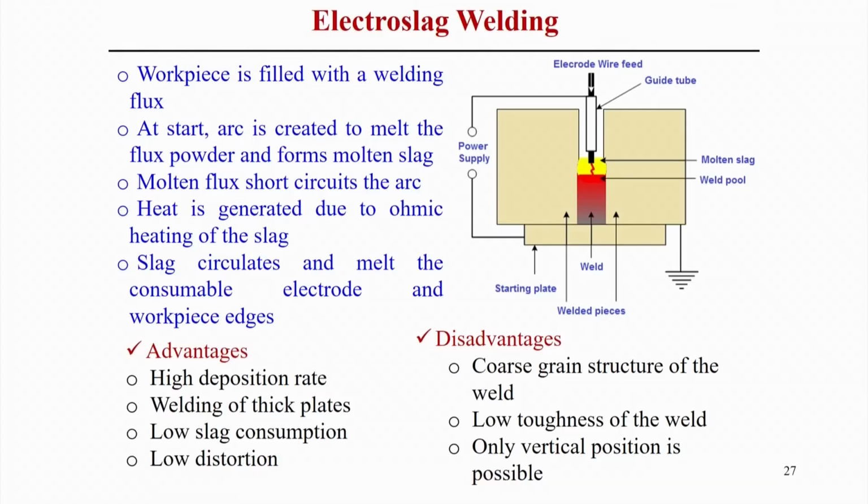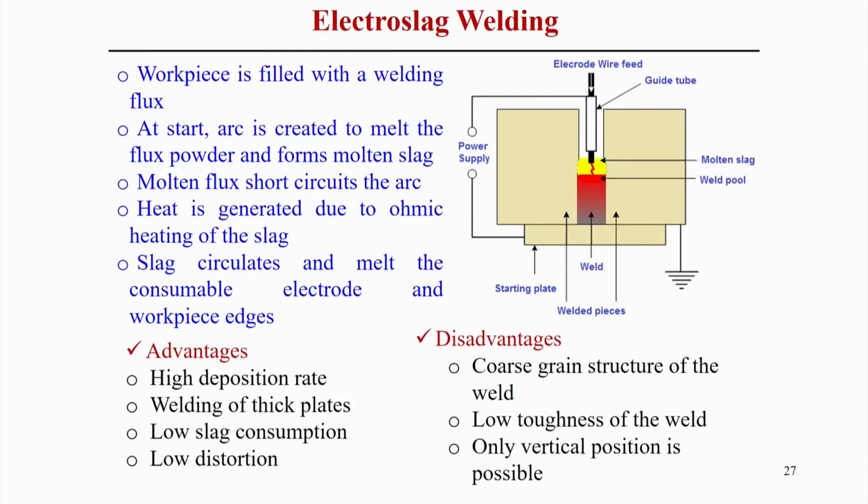of the slag. So, then the slag circulates within the zone and melts the consumable electrode, and finally it joins the workpiece edges. If we look into this figure, we use the electrode wire and the power supply to make the electrical circuit, and the guide tube is also there.